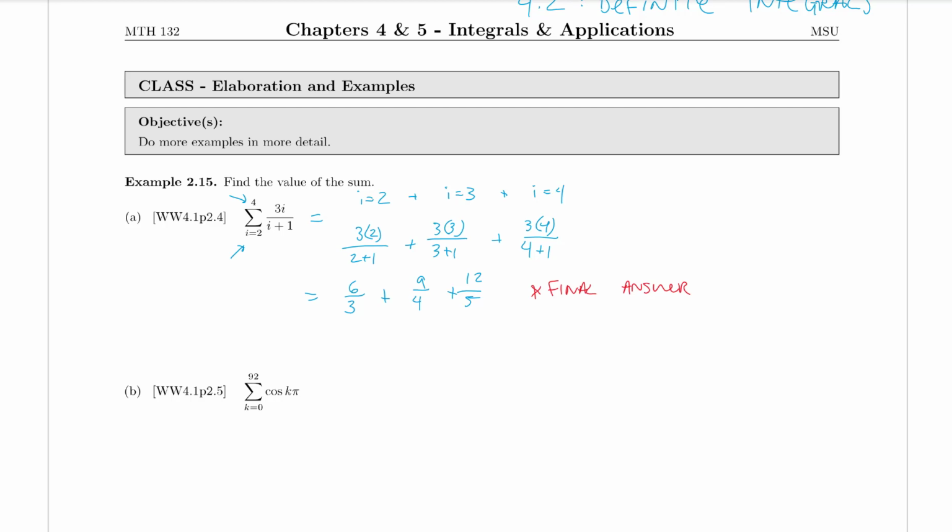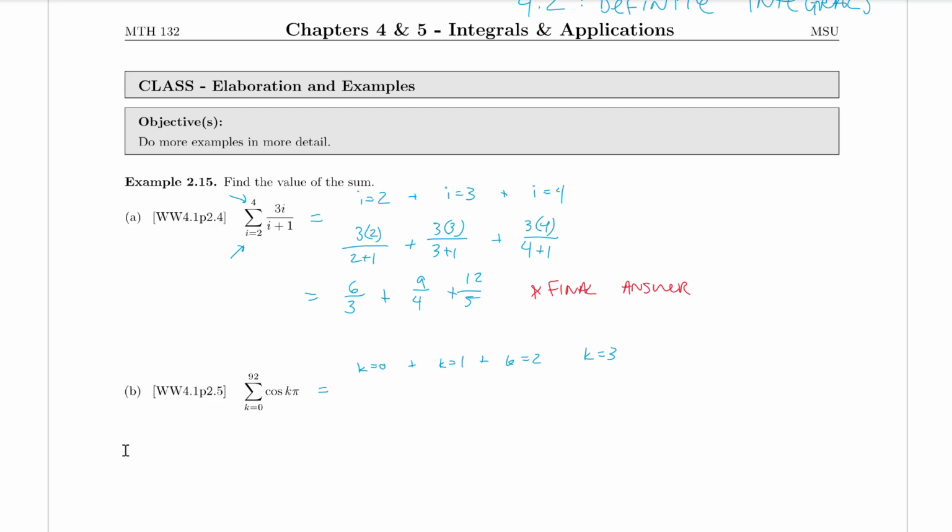Now for this next example, this is WebWork 4.1 Part 2, number 5. This is an example where we can follow a pattern that's happening with the sum. So let's go ahead and write out the first couple of terms. If we plug in a 0, a 1, a 2, or a 3, what happens here?